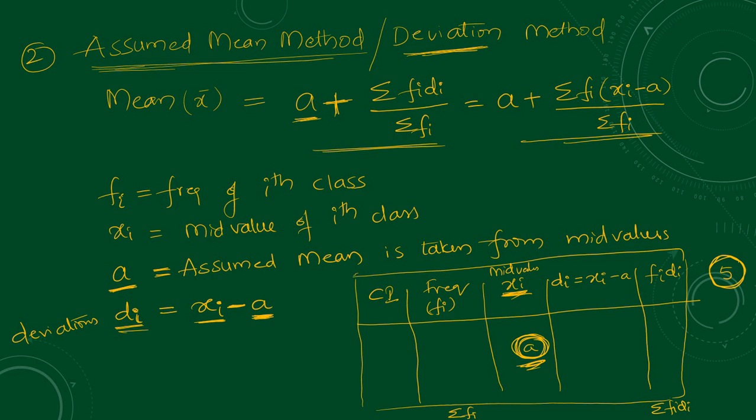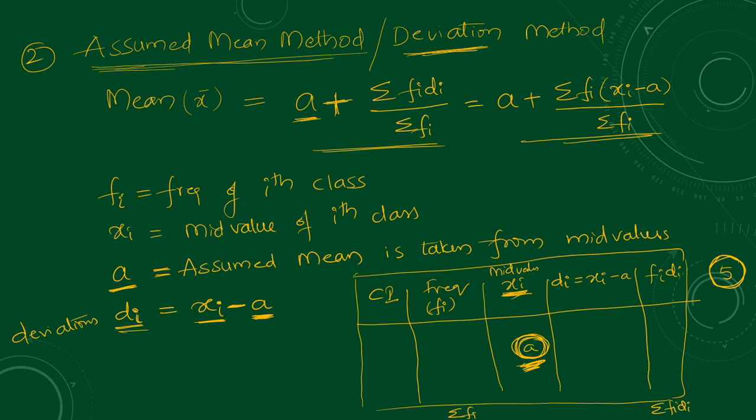Some may have a doubt: what is this A, sir? Can we take any value? Yes, you can take any value of Xi as A. If you take any value, the final mean that you get will not change, but the values in the middle calculations may differ.